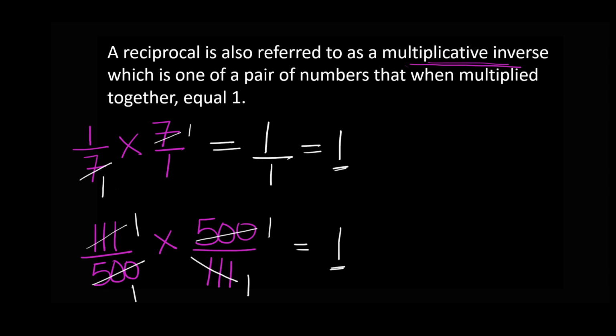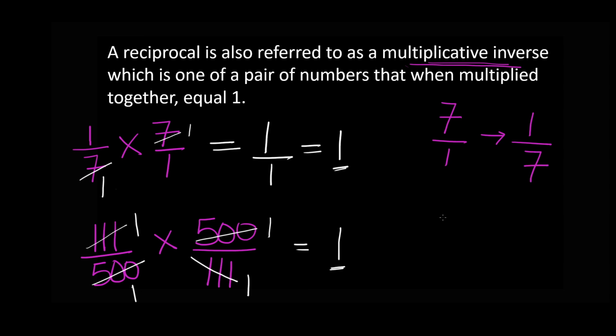One other thing I want to bring to your attention is that you can also be asked to find the reciprocal of a whole number. Let's say 7. If you're asked to find the reciprocal of 7, what will that give you? Take note that 7 itself means 7 over 1, right? So that means the reciprocal, just flip this fraction, is going to be 1 over 7.